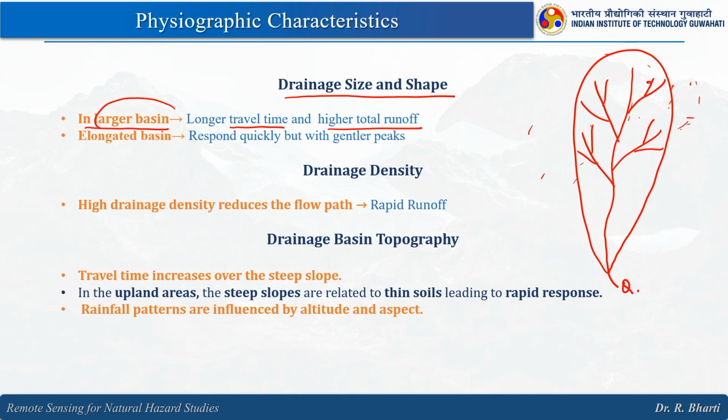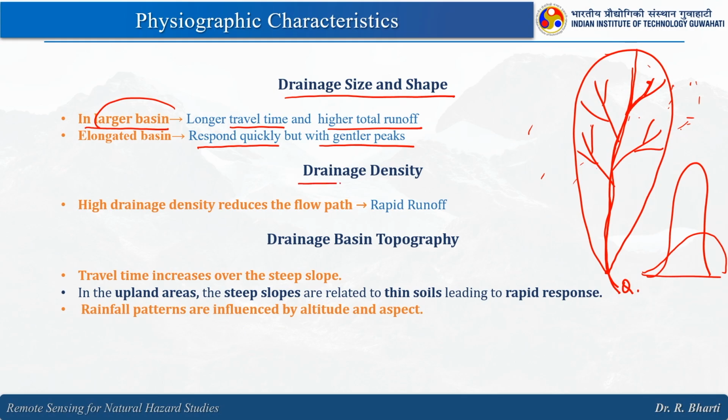This stream will quickly deliver this water to the main stream, right, and then it will quickly reach this particular point. So, it responds quickly but with a gentle peak. Why? Because a long time is taken by the water to travel, right. So, the peak will be gentle. In the other one, it will be like this, right. So, that is the difference.